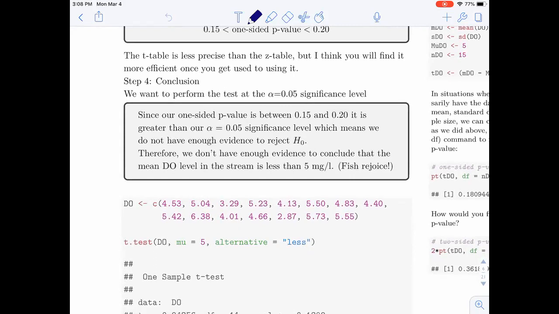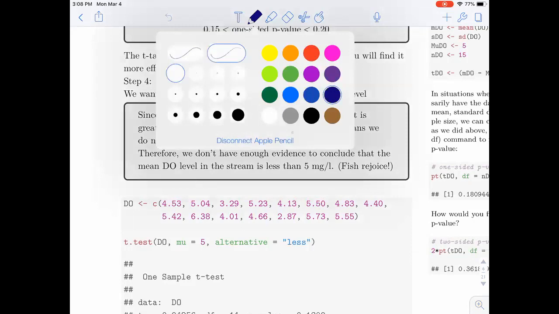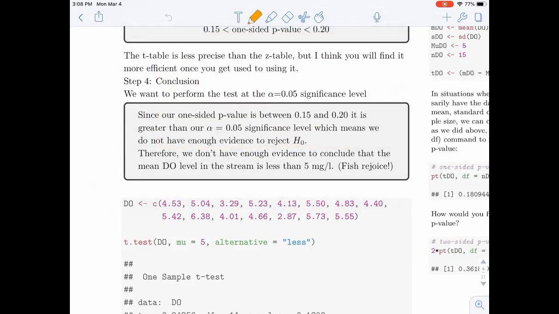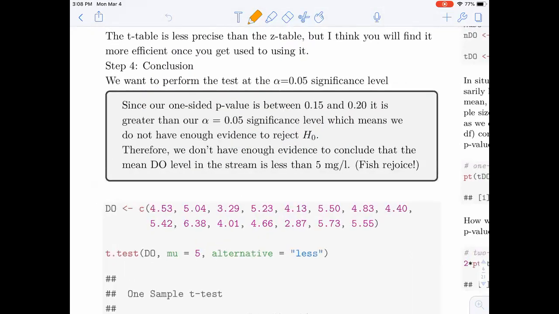I just want to highlight the different parts of our conclusion because it's going to be really important that we cover each of these 3 every time. Right? And so I'll use some colors here. Here's our first part, where we compare our p-value to our alpha level.